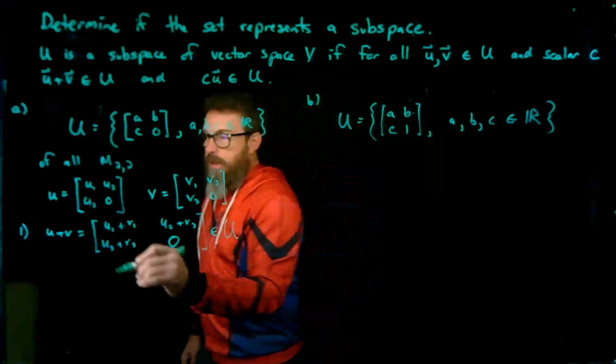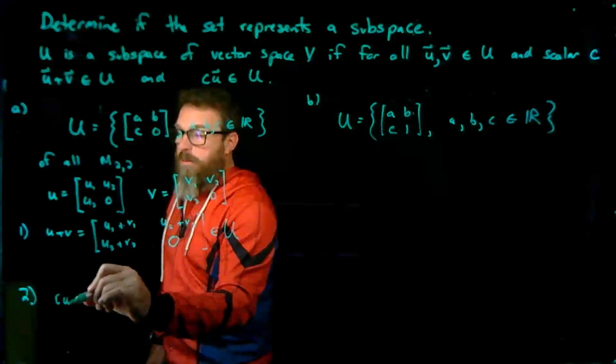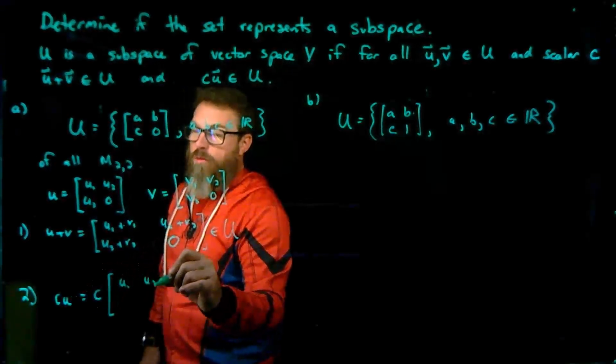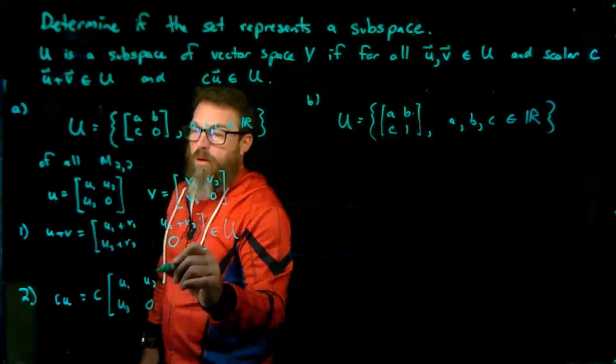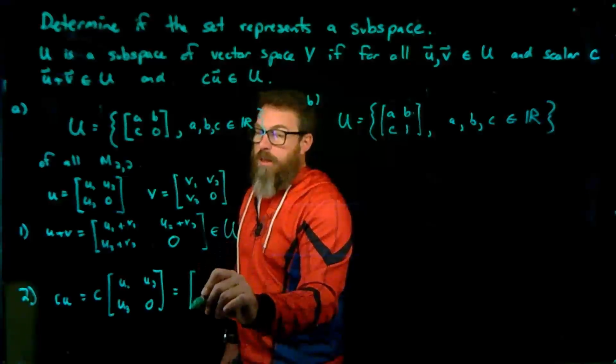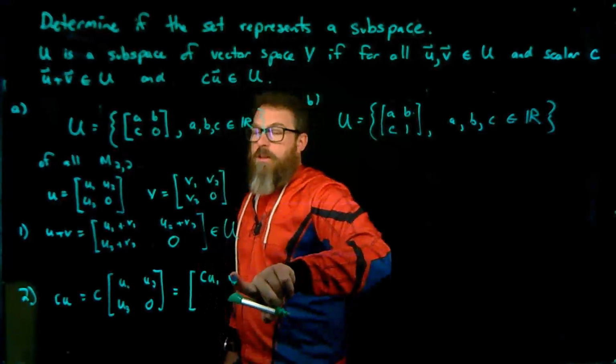The next thing I have to check is scalar multiplication. So what about c times a vector u? Well, this will be c times u1, u2, u3, and 0. And when we multiply a scalar times a 2 by 2 matrix, you just apply the scalar to every element.